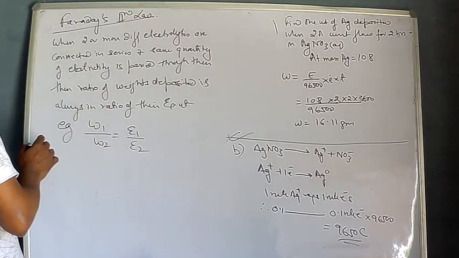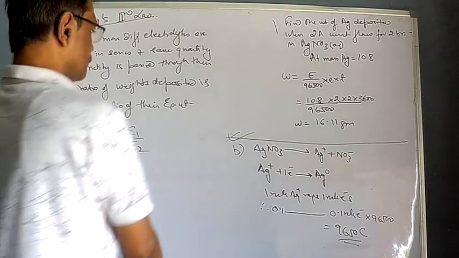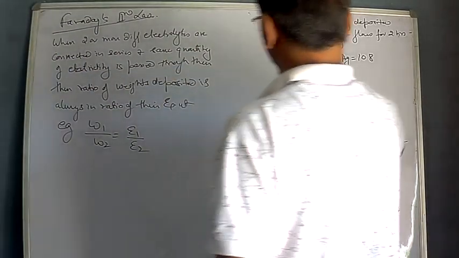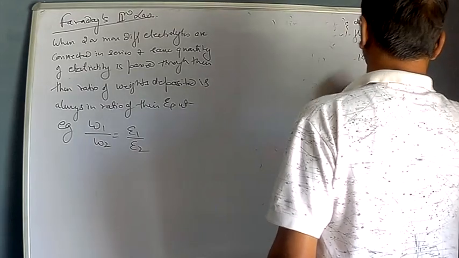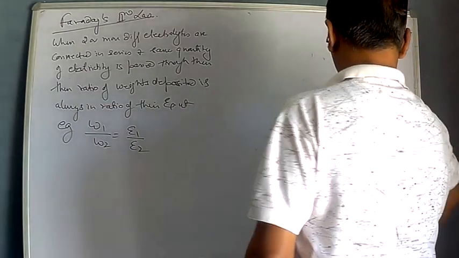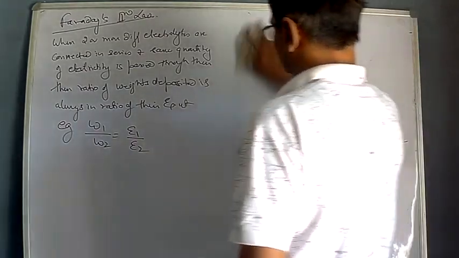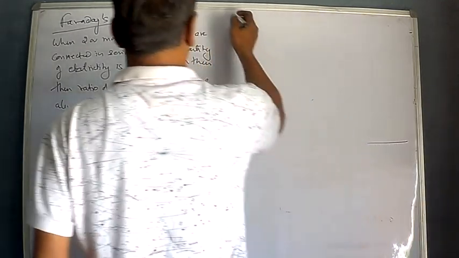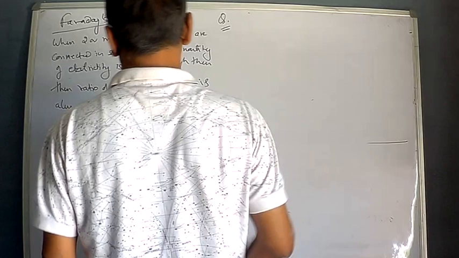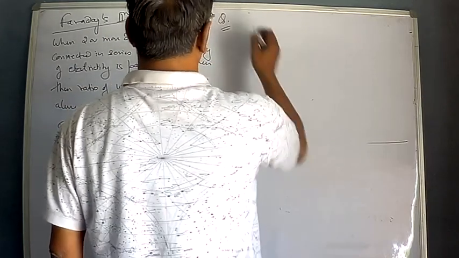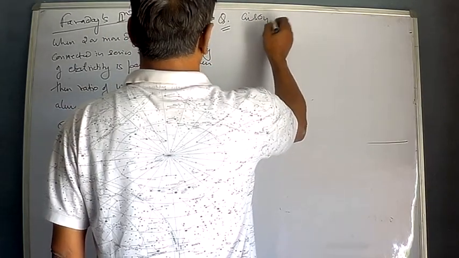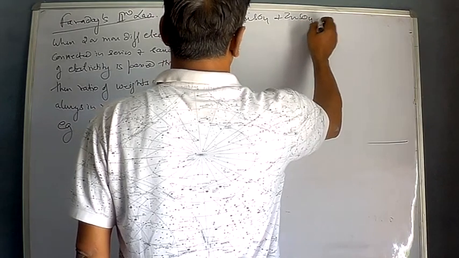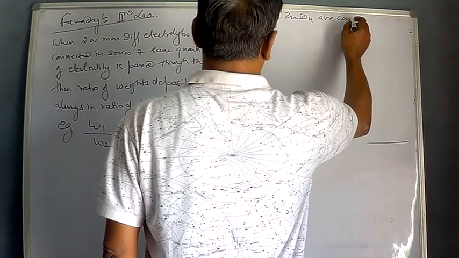Class, let us solve a numerical here. The question is: copper sulfate and ZnSO4 are connected in series.